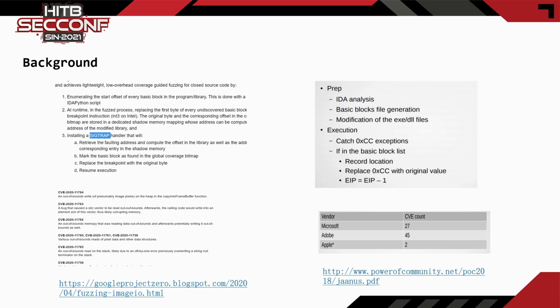Next, let me introduce two main events that inspired me to develop trapfuzzer. As shown on the left side of the slide, in April 2020, Google Project Zero published research about fuzzing image I/O on the macOS system. In order to perform coverage-guided fuzzing on macOS, the author put forward a novel binary instrumentation method for homebrew fuzz.